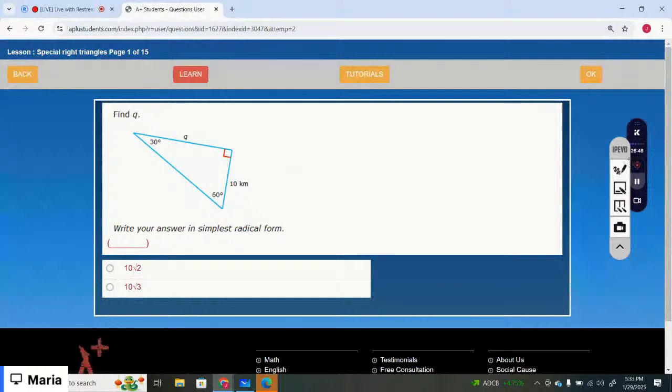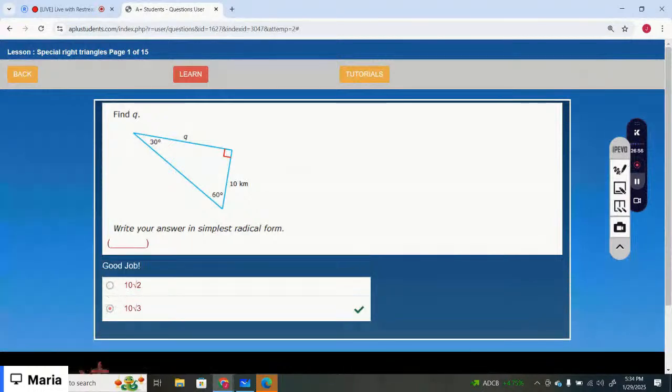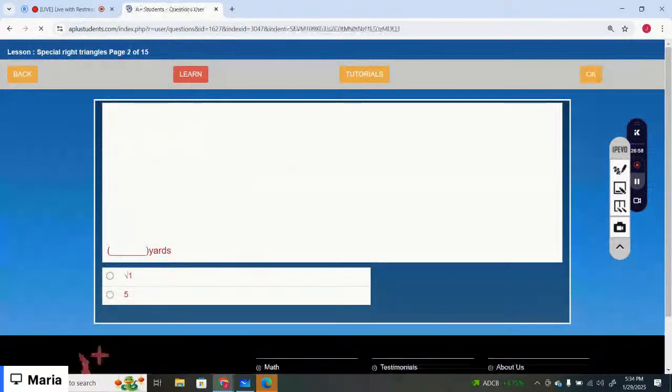So that is 10 square root 3. Option number 2 is the correct option.